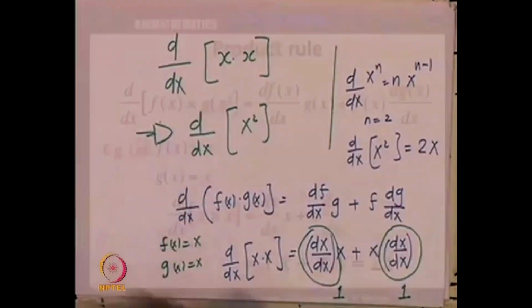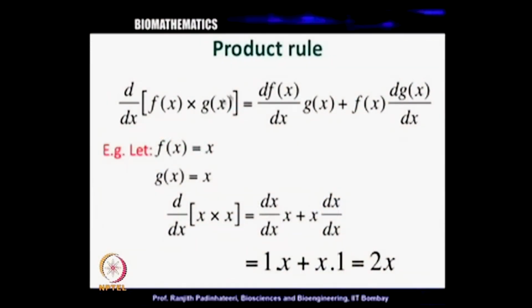So, let us look at the screen. d by dx of x times x is dx by dx into x plus x into dx by dx. There is no magic here, I just applied this formula. Once I took this formula and applied it here, and noting that dx by dx is 1, we get 1 times x plus x times 1, which is 2x.